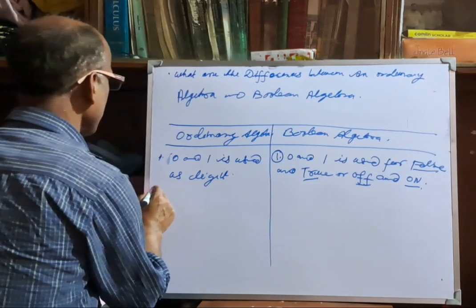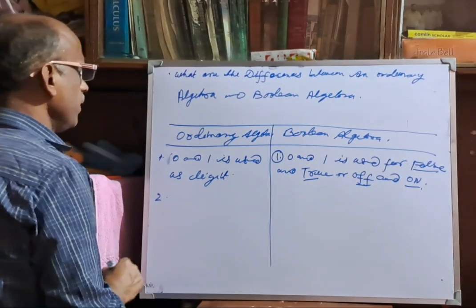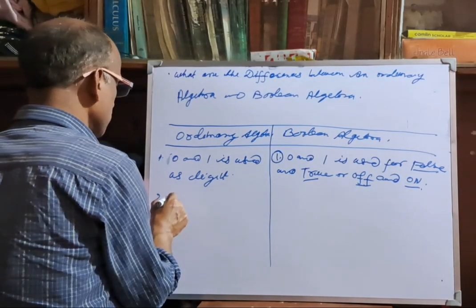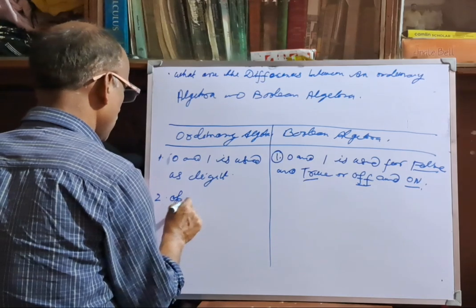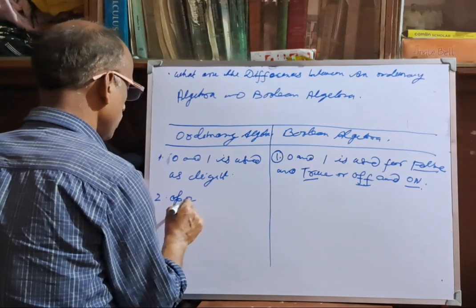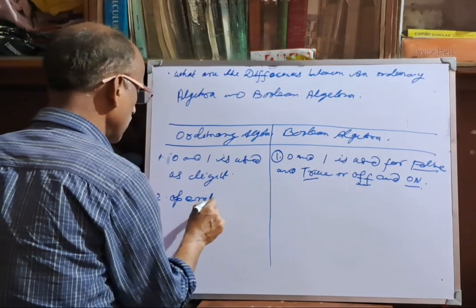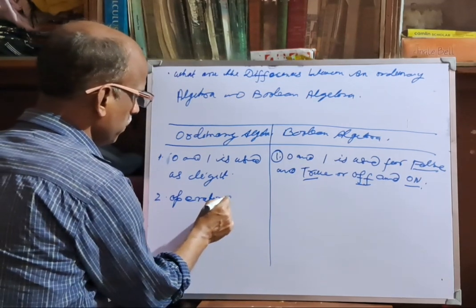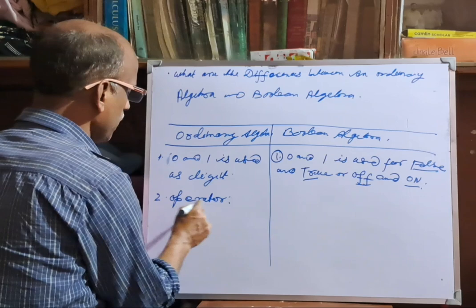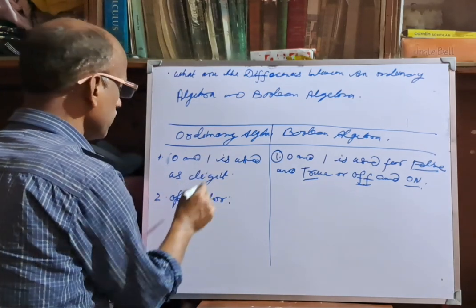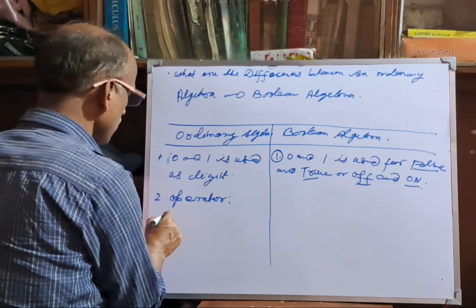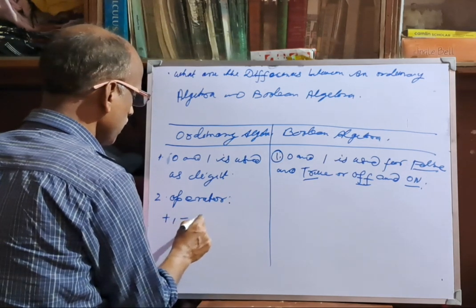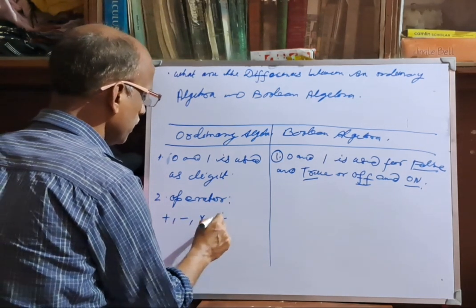The second difference is the operator. The operators used in ordinary algebra are plus, minus, multiplication, and division.